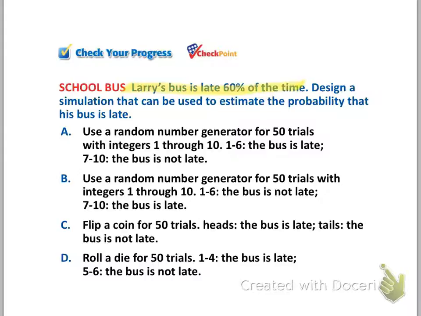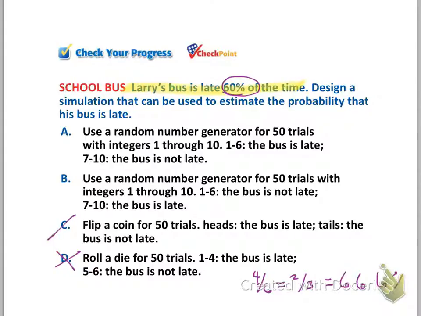Okay, hopefully as you read, you decided D was a bad choice, rolling a die for 50 trials. Because 1 through 4, that's 4 out of 6, which is 2 out of 3, which is a 66.6% probability. We need 60%.